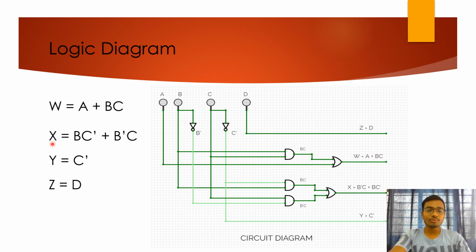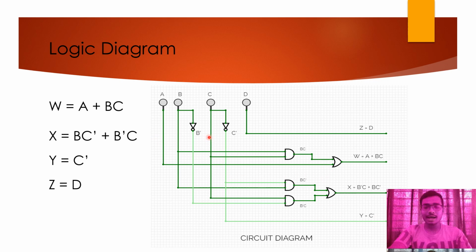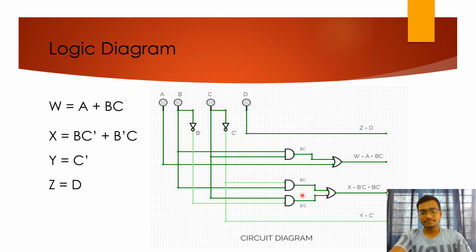So then I'm having one more output, X, that is B C bar plus B bar C. This is actually the XOR representation of B and C, right? So even I can have the direct XOR representation here, but as I'm using the basic gates, I can use two AND gates for representing B bar C and B C bar separately, and then taking the output of those two AND gates, and having an OR gate to get the final output.